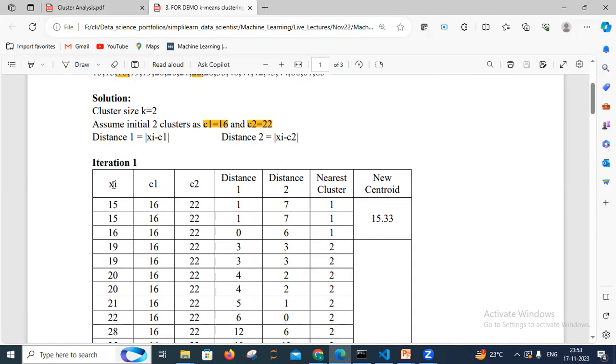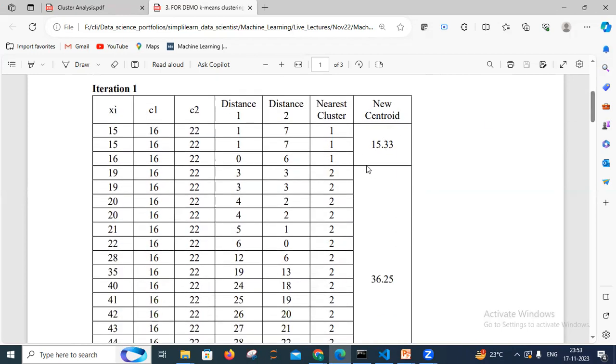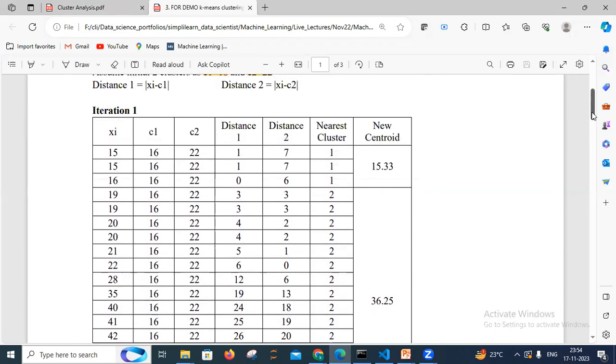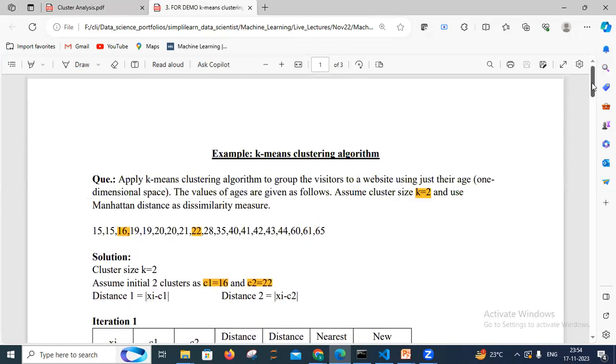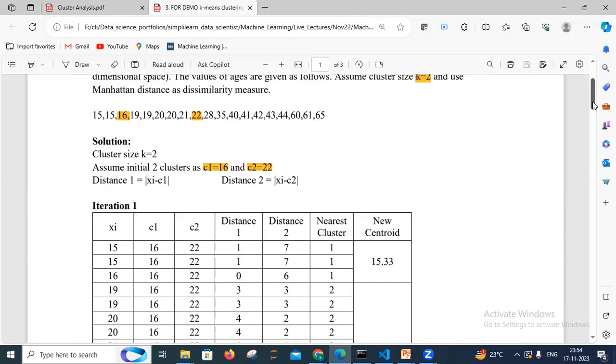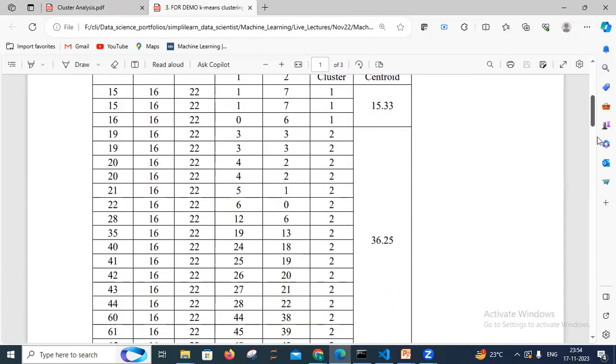This is the age, 15 and C1, 16 and C2, 22, and we have to calculate the new centroid. This is the table of the age, with cluster 1 and cluster 2.